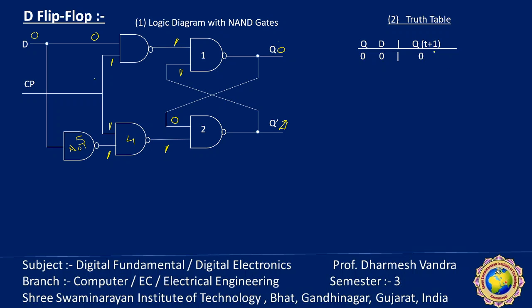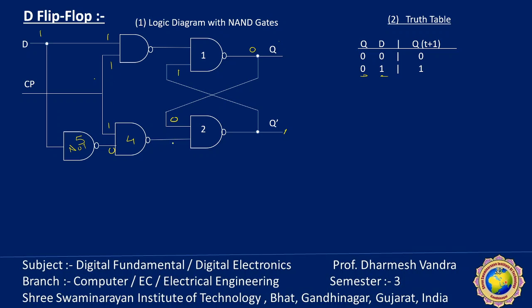Now the second condition is that D input is 0, but D changes to 1 while the clock pulse occurs, and the previous output Q is equal to 0. So the condition is Q equal to 0, Q dash equal to 1, and D equal to 1, so D dash is 0. The clock pulse is 1.